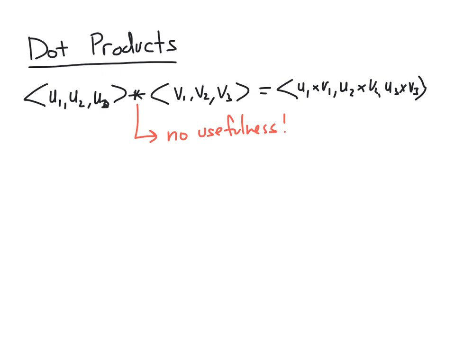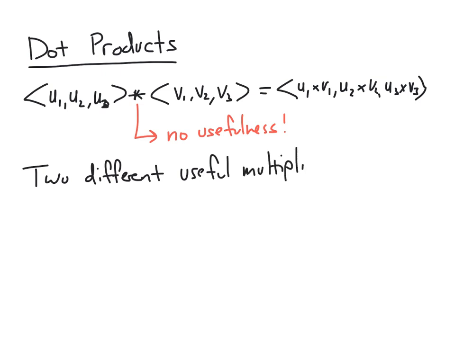It turns out that there's actually two different ways to define a useful multiplication of vectors. And they each will give us a completely different object back, and that object will tell us different things. So the first one, and the one we're going to focus on in this section, is called the dot product.